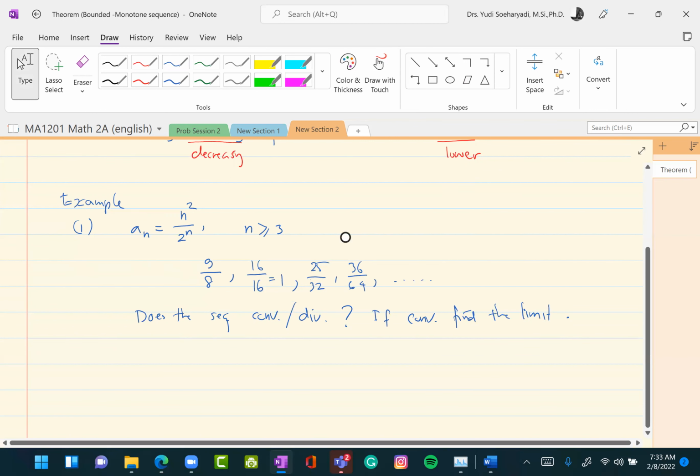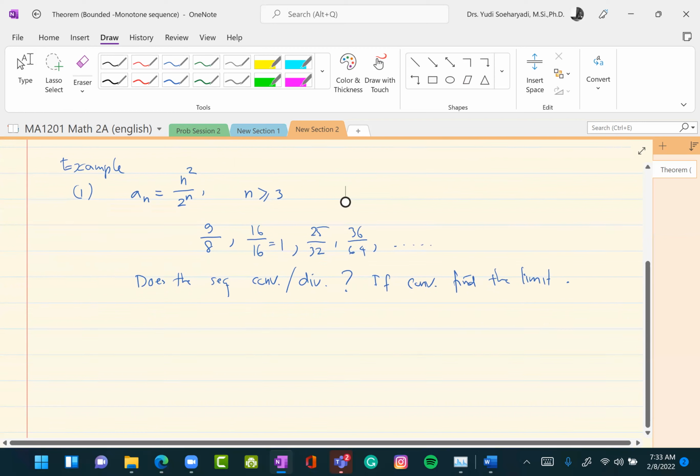Of course, you know from previous sections, if you pretend this is a function, now you have a polynomial on the top and you have an exponential in the bottom. Okay, so they are both large for n large.